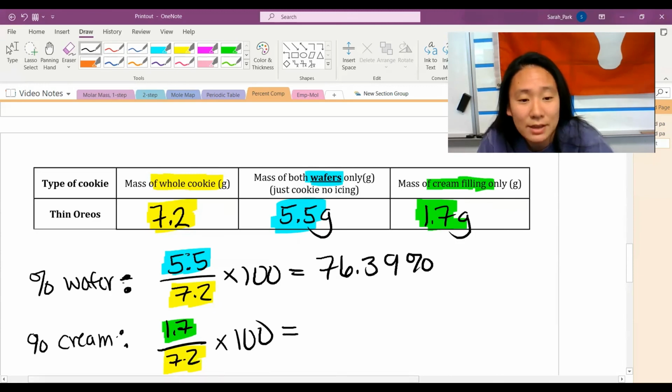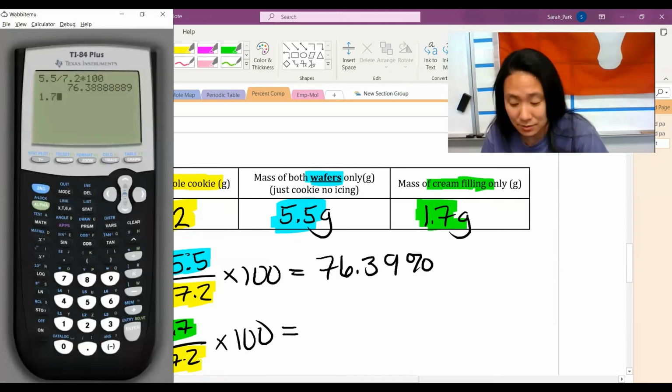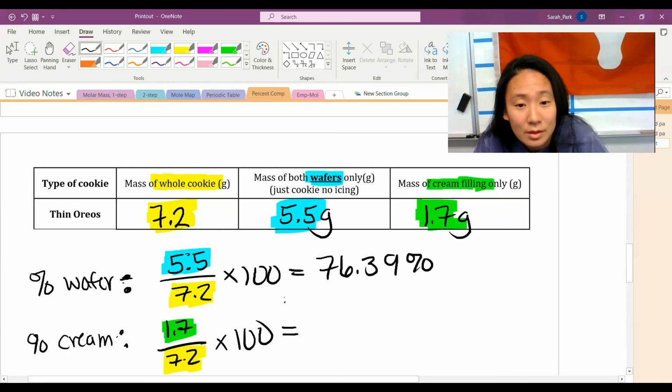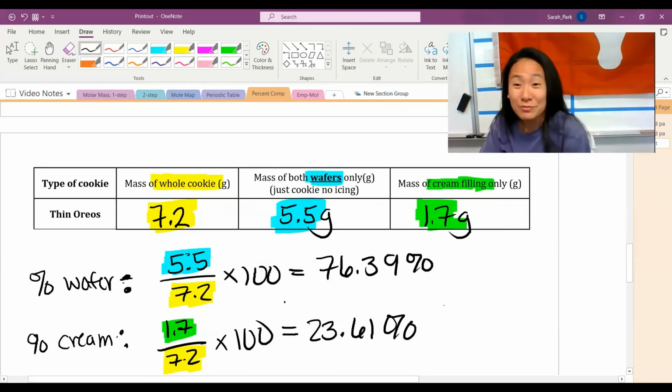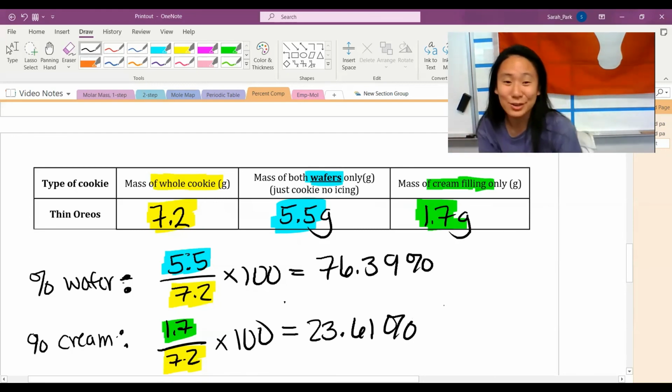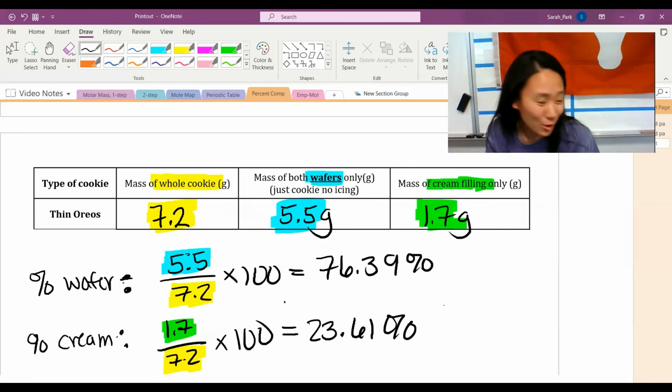So 1.7 divided by 7.2 times 100 is going to give us 23.61%. So you can see here that cream filling doesn't really contribute that much into the weight of the Oreo cookie. Look how thin it is in general.